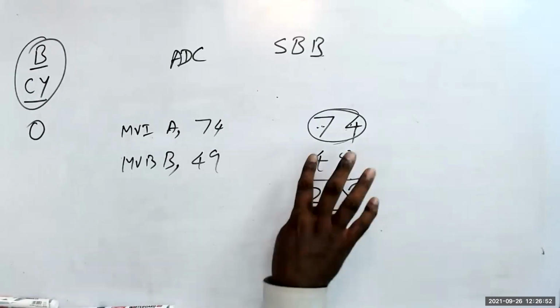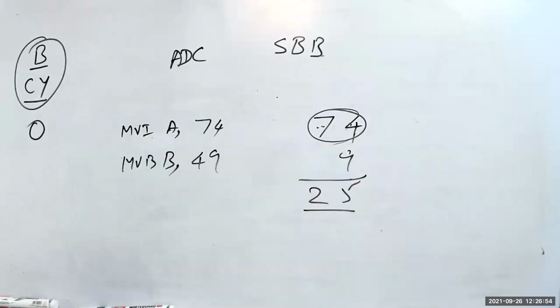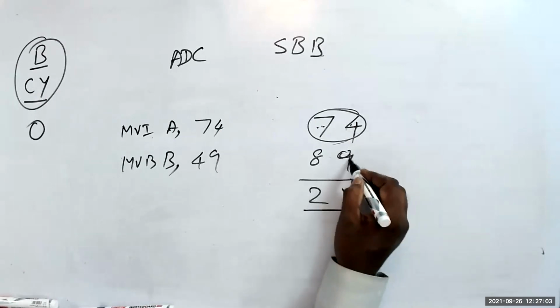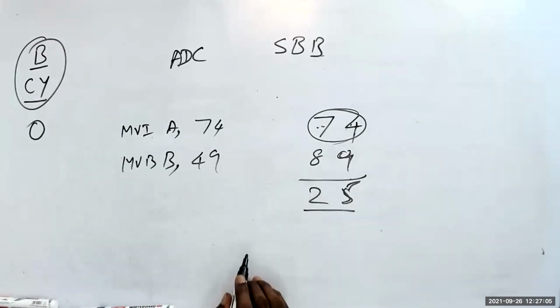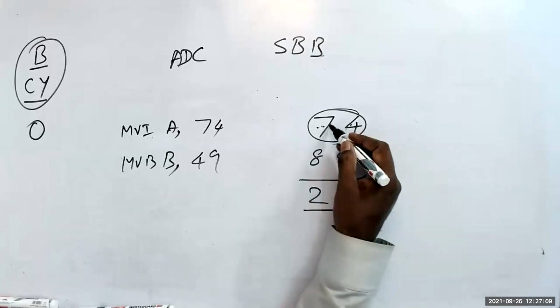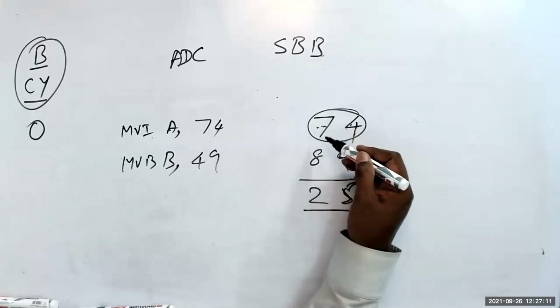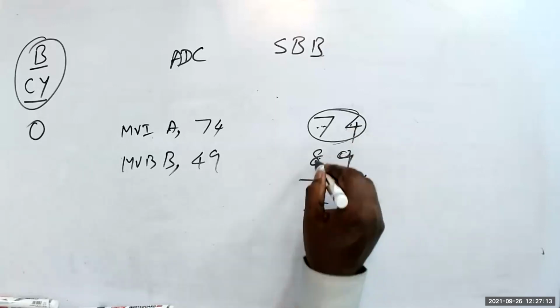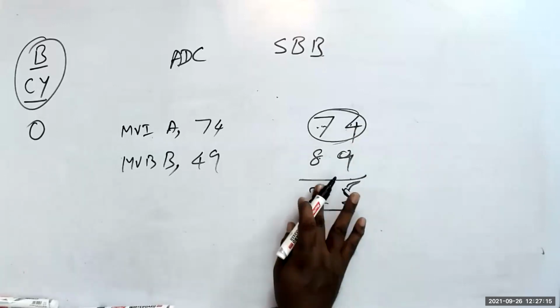Suppose you have here 89. That guy will do 4 plus 9, 5. Then what happened? He will set 7 minus 8. Not possible, 17 minus 8 is 2.